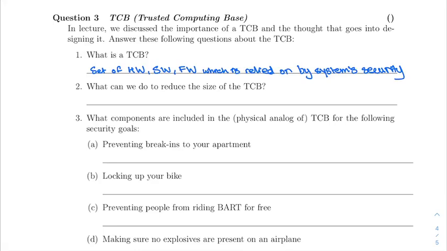Great. So moving on to problem number 2, what can we do to reduce the size of the TCB? Before answering this question, it is noteworthy that we want to keep our TCB as small as possible, primarily for 2 reasons. Why do we want to do this in the first place? Well, we do want to keep the cost down as much as possible and also decrease the risk.